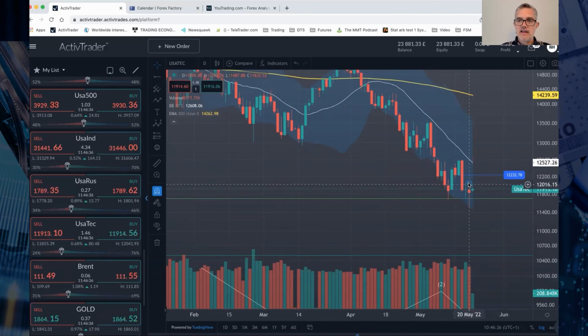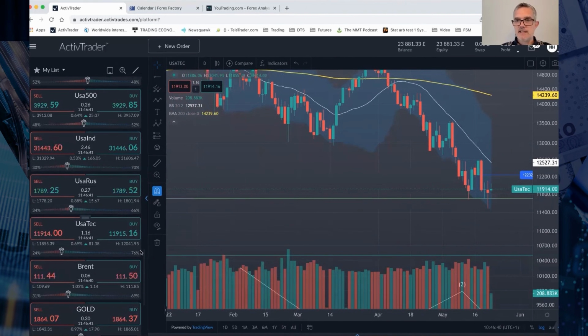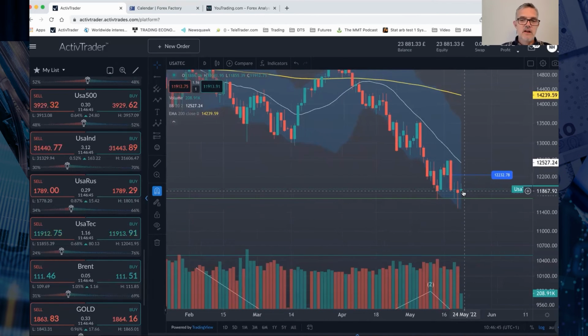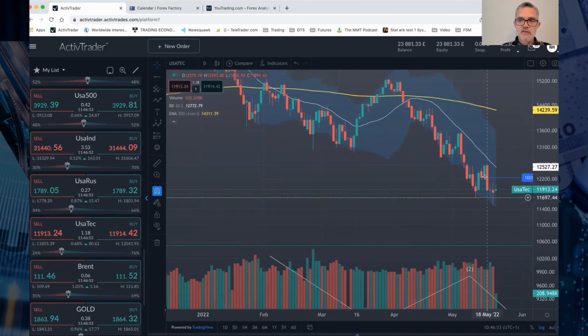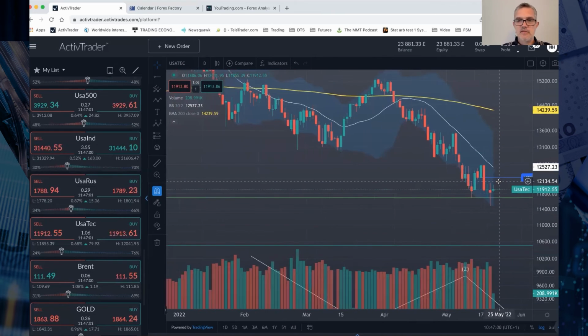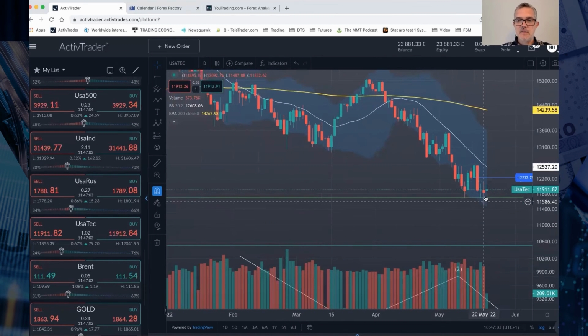We haven't made a new high today, so the fact that there is quite a lot of bullish sentiment in the Nasdaq and there's still high inflation, I think this is one reason why we could come lower in the Nasdaq, and that could actually drag down the S&P 500. Obviously, if the S&P 500 moves higher, then that can drag the Nasdaq up too, those indices higher. But we need to see quite a lot of bullish momentum there, and a change in the sort of narrative that we're seeing in the financial media.